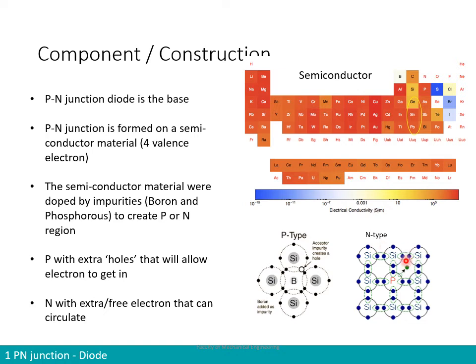N-type with free moving electrons, P-type with moving holes. We call it holes because we have less electrons. But of course, these two materials, P or N region, are both neutral. It's just that P has extra holes and N has extra free electrons that can circulate.